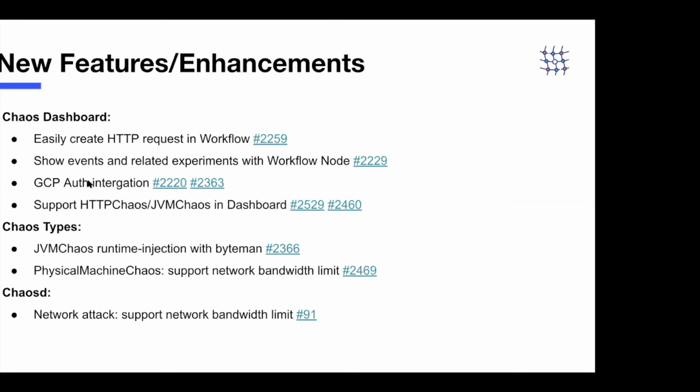If your application and the Kubernetes cluster are on GCP cloud, and you install Chaos Mesh on your GCP cloud, this feature is very useful because we support using a GCP account to log in to Chaos dashboard. And another feature is about HTTPChaos and NetworkChaos.